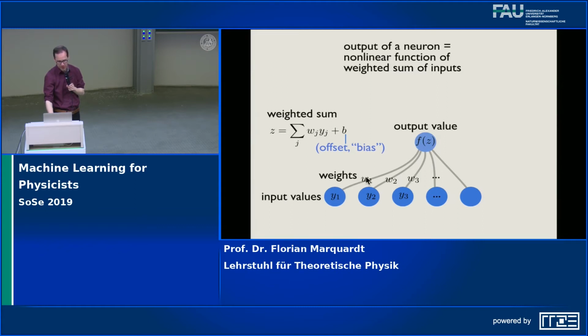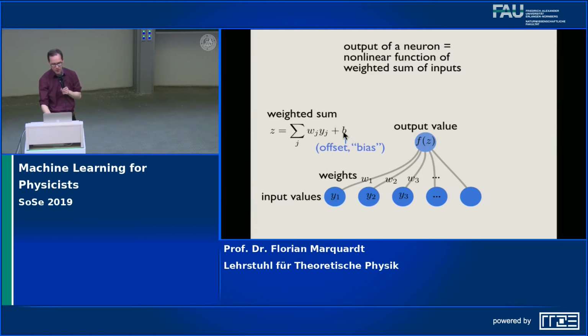So for example, w1 gets multiplied with y1, and w2 gets multiplied with y2, and so on, and then I sum them all up. That means, for example, if one of the weights is 0, w2 might be 0, then the value of y2 will never contribute because it gets multiplied by 0. Okay, so that's a weighted sum.